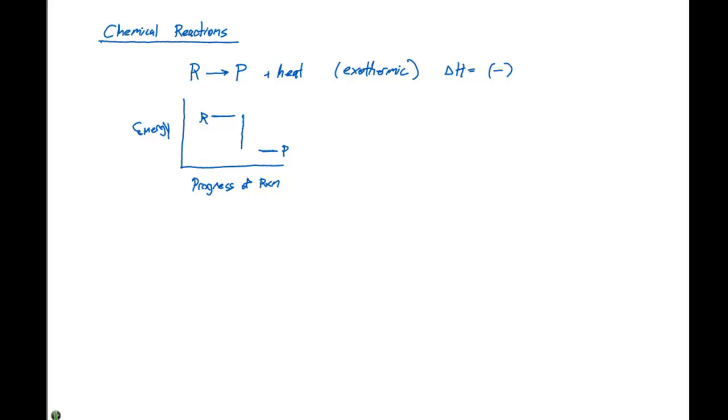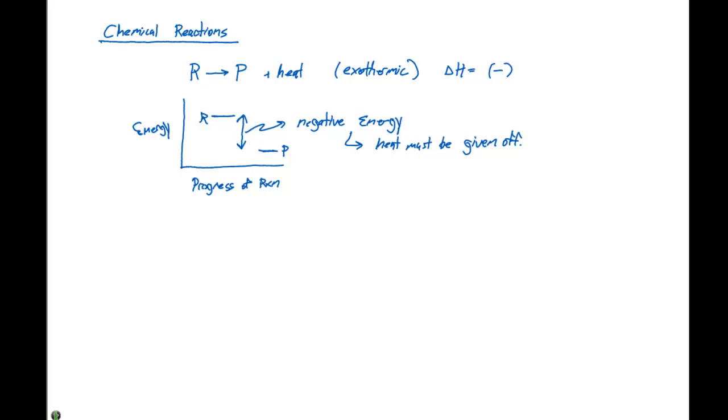So we can look at our change in energy, and it's going to be a negative energy. Or another way of saying negative energy is we're going to say that heat must be given off.